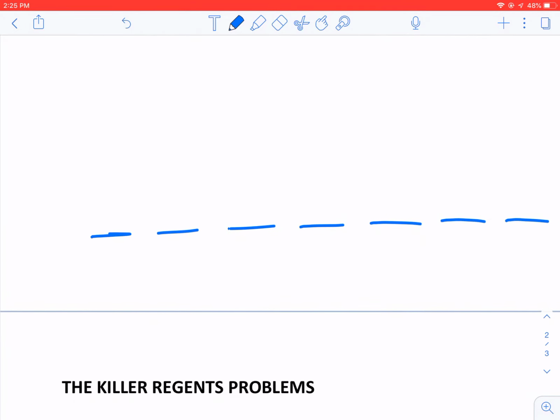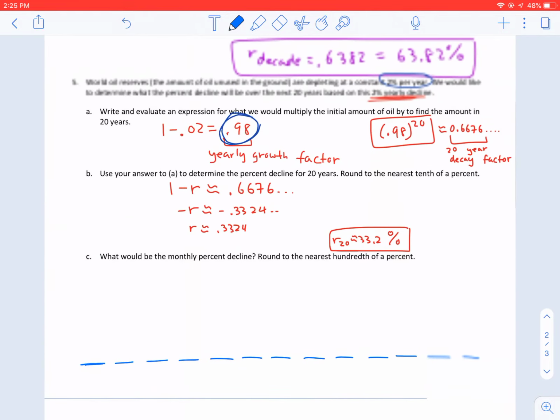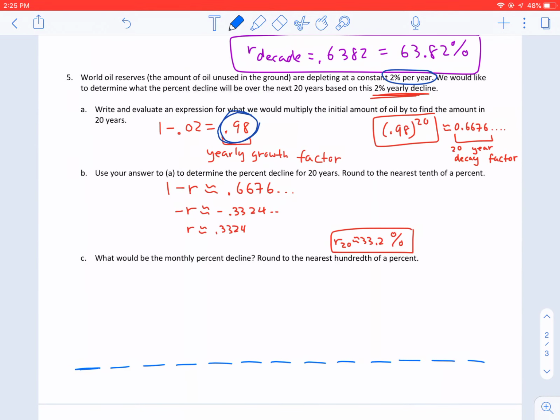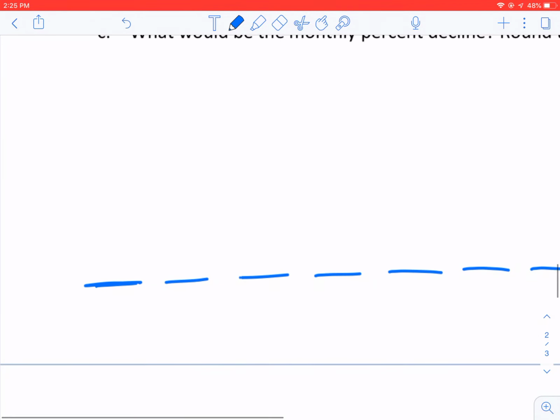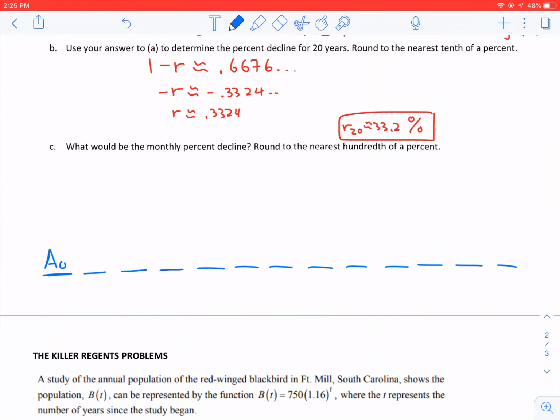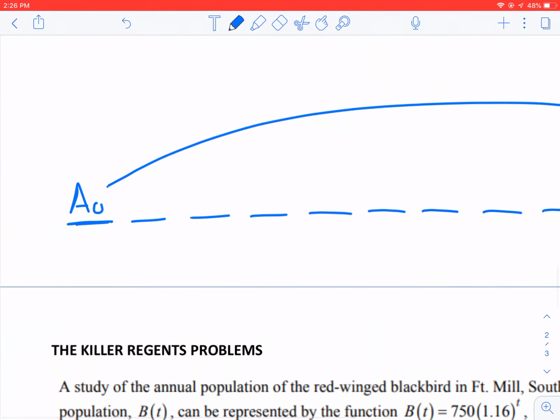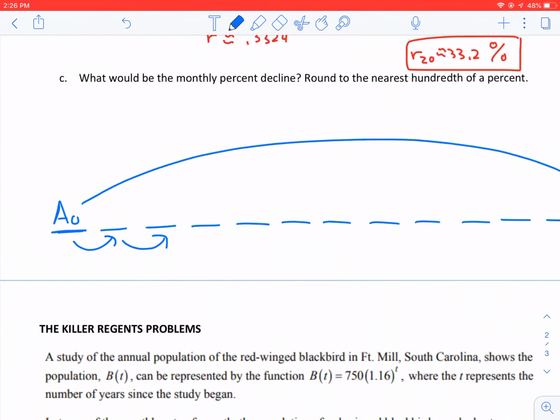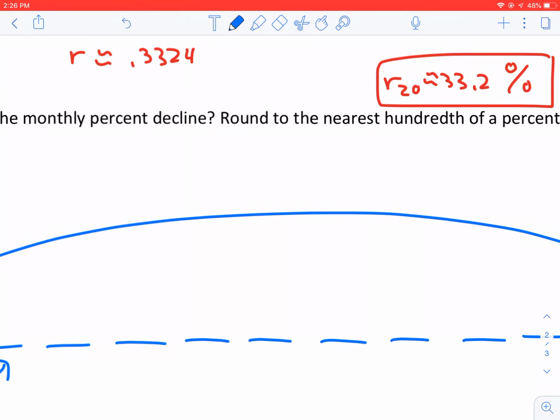And here's my starting value. We don't have any starting value here. It doesn't matter what it is. But in a year, each one of these steps represents 1 month. In a year, I multiply by 0.98.